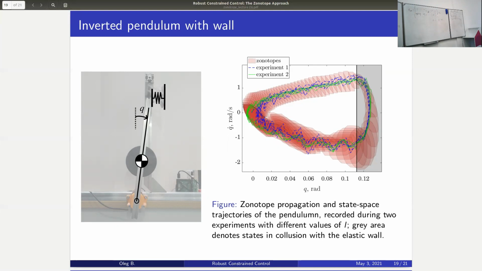Inverted pendulum with wall. And we find limit cycles that move into two modes, free mode and contact mode. And our uncertainties were in free mode. We say that the position of the payload can be different.